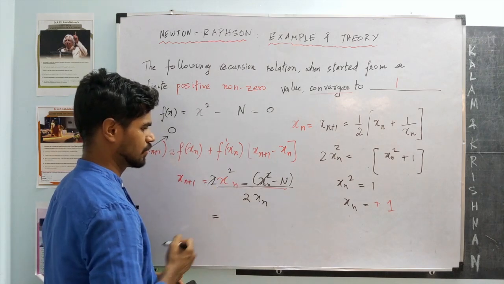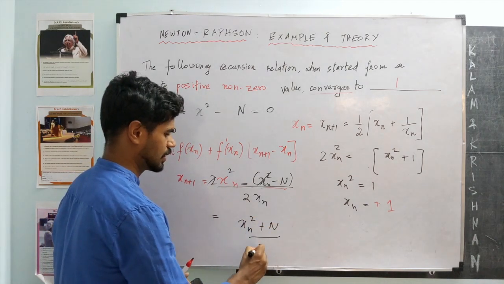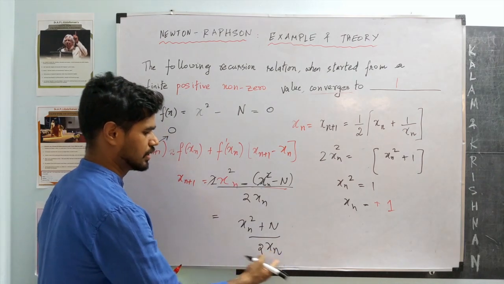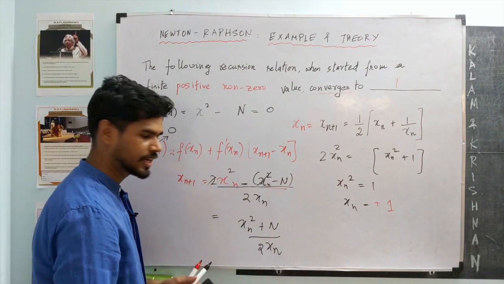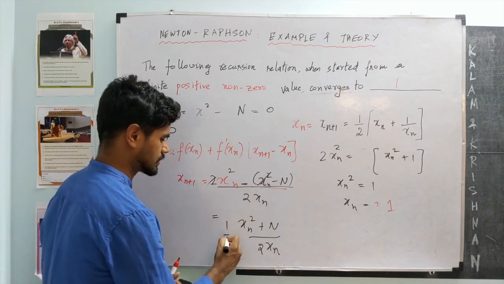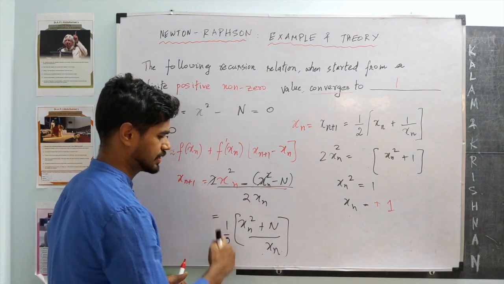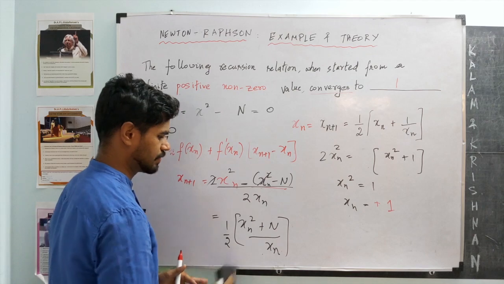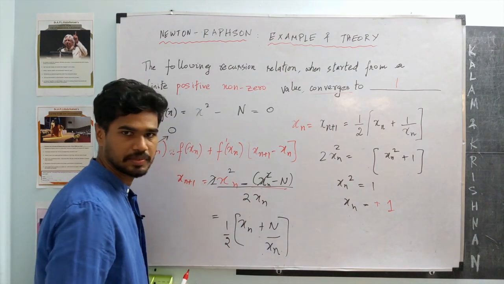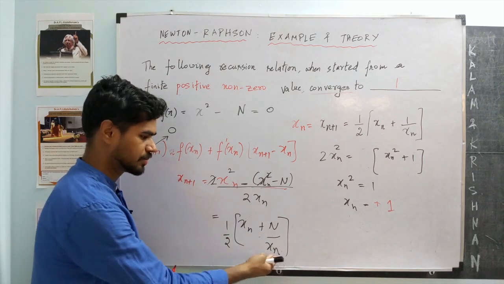What we are left with is xn square plus n by 2xn. Let's write it in a slightly convenient form. Let's bring the half out, took the 2 outside of it. Let's write this as xn square by xn, which is xn, and then n by xn. Just write the 2, split the numerators and divide them separately.